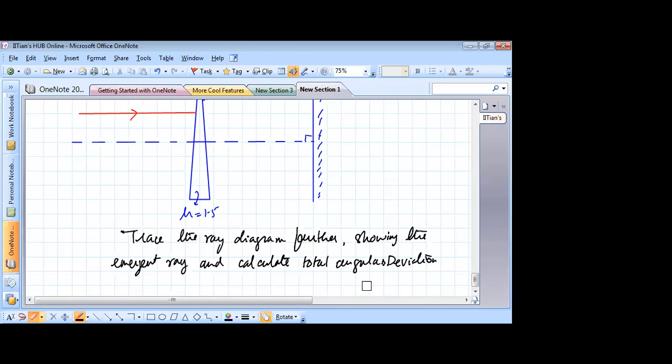The net angular deviation, that kind of thing, by the system. Just try this out.